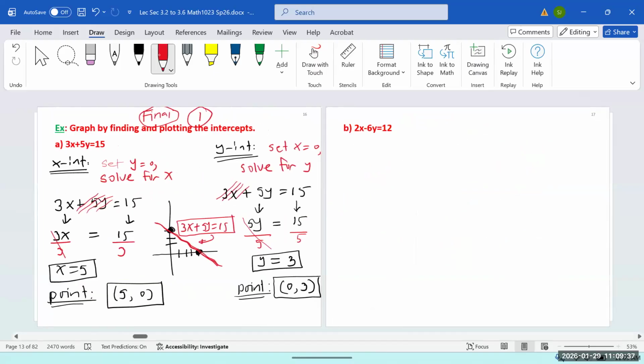Then you try one. Find the x-intercept and y-intercept, plot them on the axis, and then draw a line.